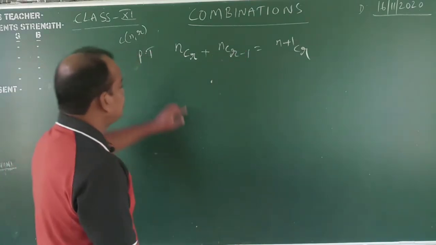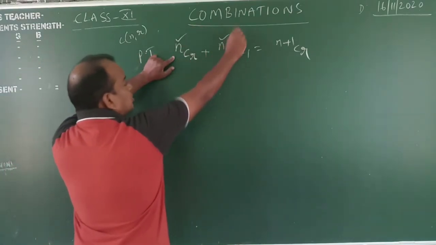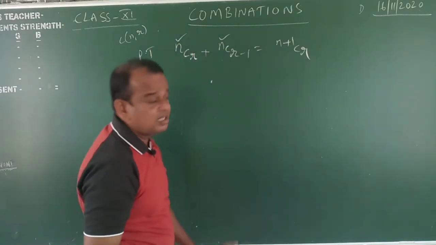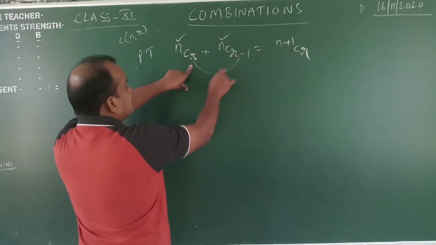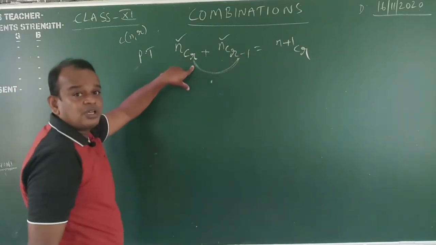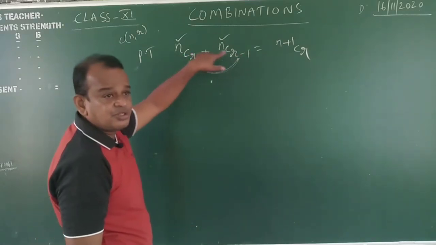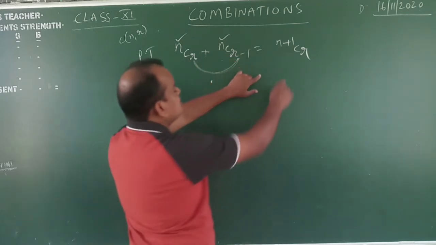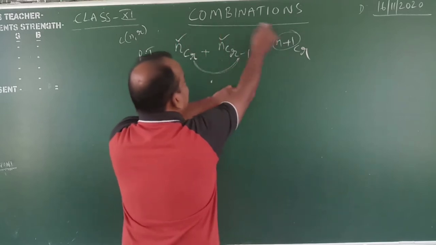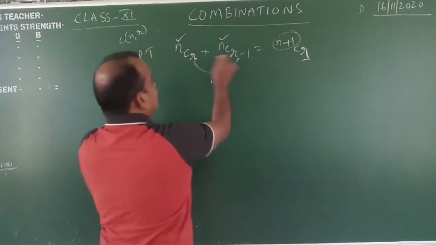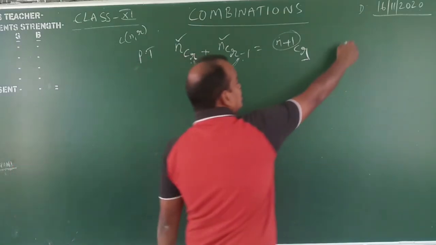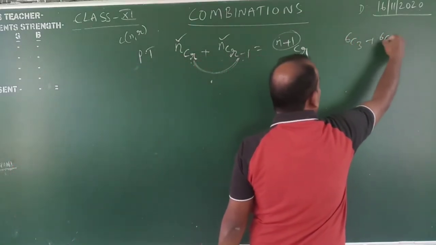We observe that here the n value is the same in both combinations, not different at all. The two suffixes are consecutive numbers, like 2 and 3, or 3 and 4, whatever it may be. Now we write the answer with n plus 1: add 1, and with the bigger value, write (n plus 1)Cr. For suppose 6C3 plus 6C4.